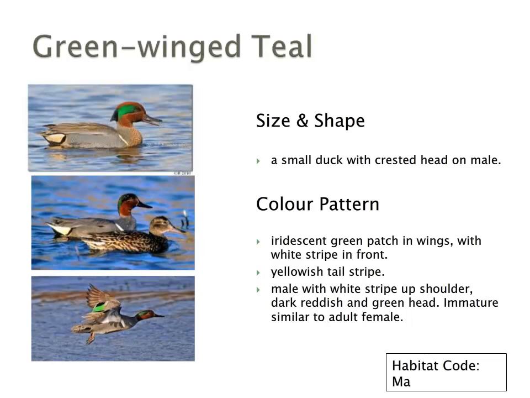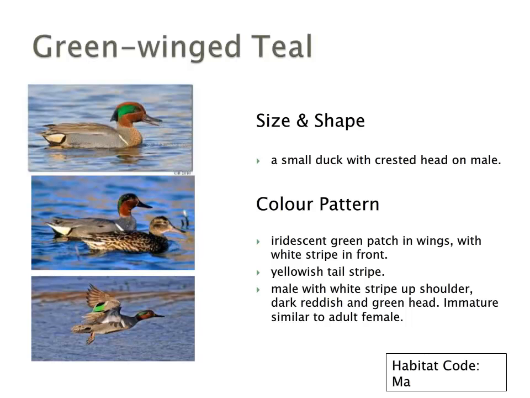The green-winged teal is another duck. It's a relatively small duck with a crested head, in particular the male. You can see that crest very clearly on the top image here. So the head of the male is brown with a light iridescent green patch with a crest on the back. The females are much more drab in color, so you can see the female present next to the male in the middle image.